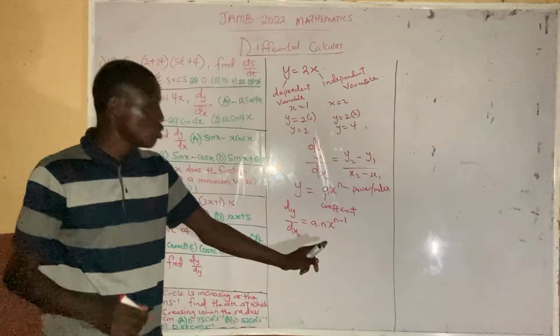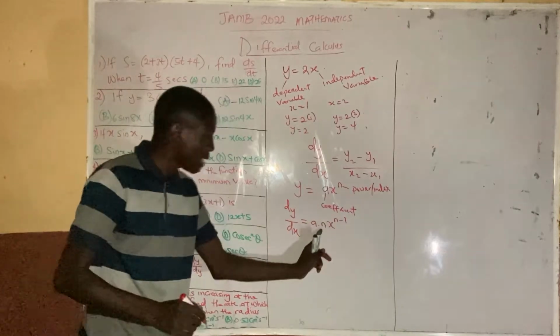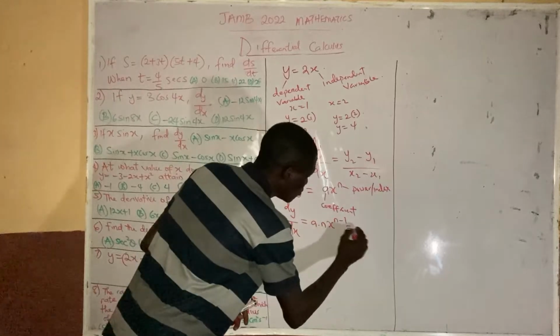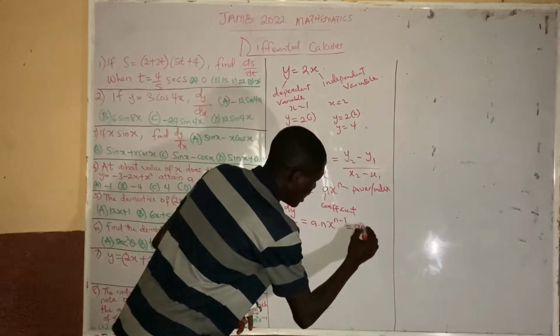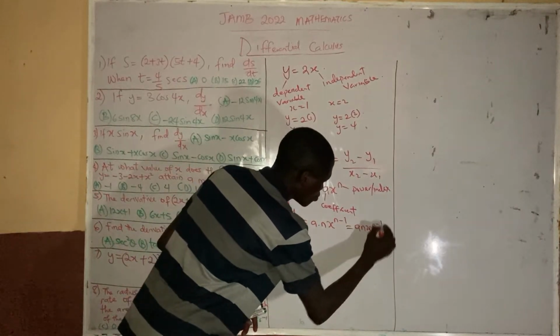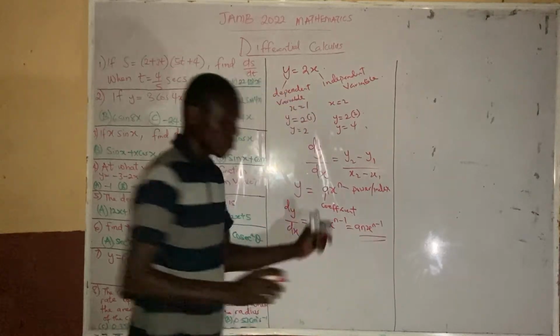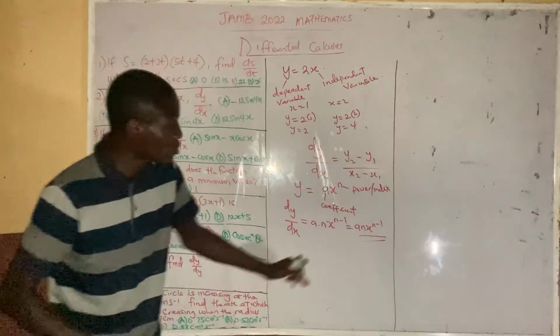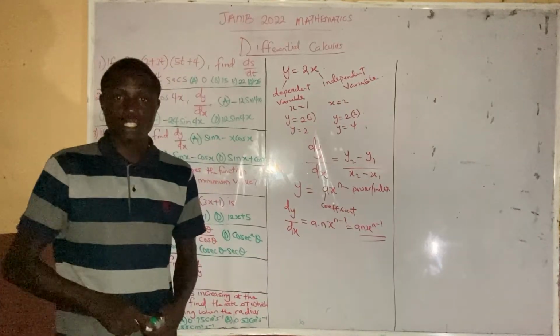So that's how you do it. You use the power to multiply the coefficient, then you remove 1 from the power. So we have a·n·x raised to power n minus 1. This is how to write the differential of this function.